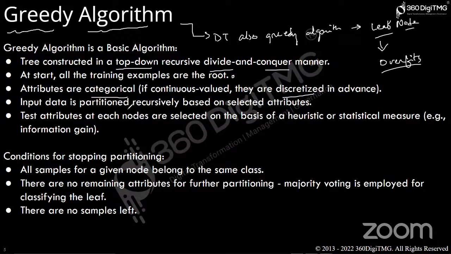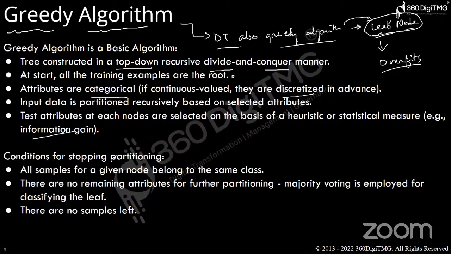Also, the input data is partitioned recursively based on selected attributes, and test attributes at each node are selected on the basis of some heuristic or statistical measure like information gain. We'll be discussing information gain as well. So basically decision tree is known as greedy algorithm because it will go on finding all the nodes until it converges with a leaf.